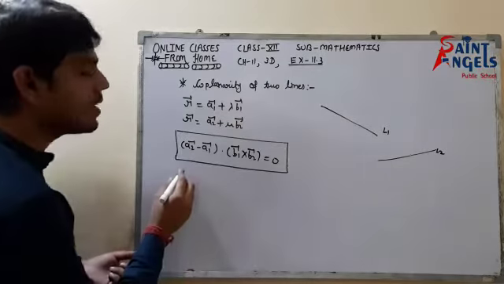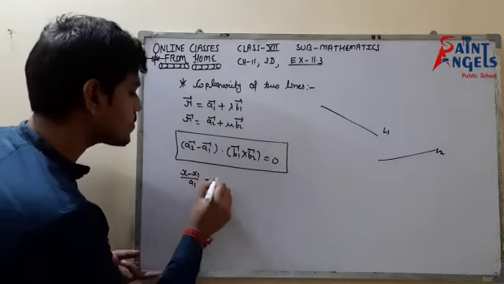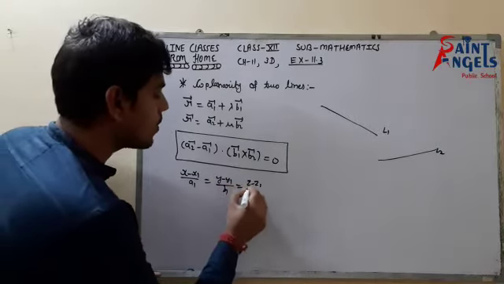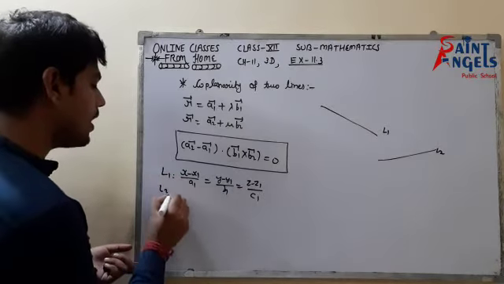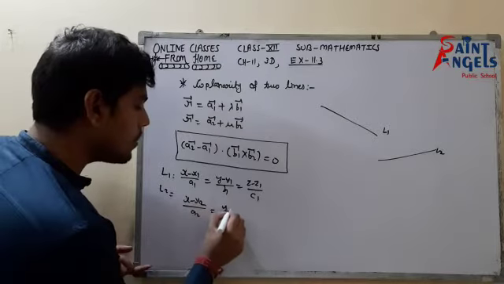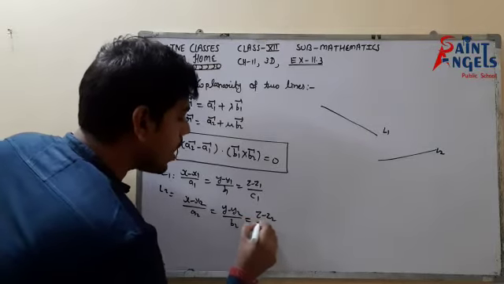Suppose we are given a line in Cartesian form, like (x minus x1) upon a1 equals (y minus y1) upon b1 equals (z minus z1) upon c1. This is line 1, and the equation of line 2 is (x minus x2) upon a2 equals (y minus y2) upon b2 equals (z minus z2) upon c2.